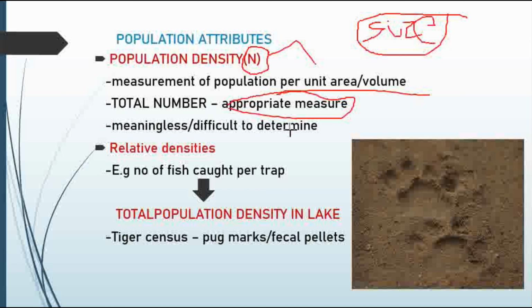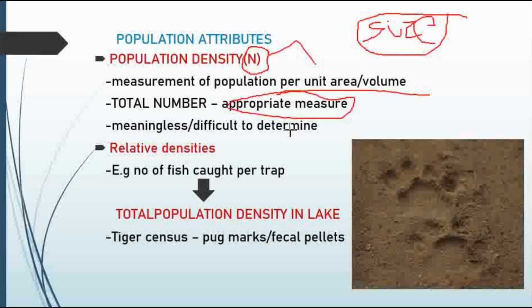But it is very difficult to determine, and we can't go on counting the number of population. It is time consuming also. So in that case you go for population density. Instead of numbers, measuring how much population there is per unit area or volume is easy for us.